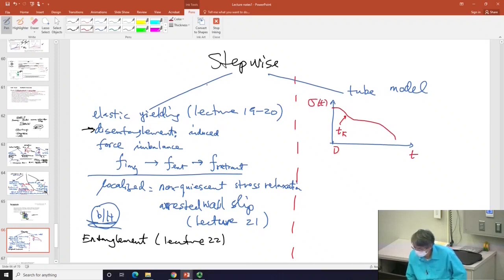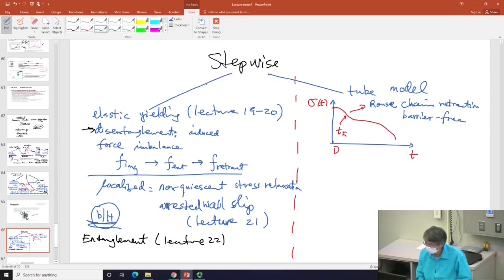Theoretically, this kink, according to the tube model, is due to Rouse chain retraction. It is the premise, or assumption, or foundation of the tube model that Rouse chain retraction does occur, and not only does it occur, it occurs without any difficulty, no barrier, barrier-free. So that's how the tube model describes what happens in step strand.